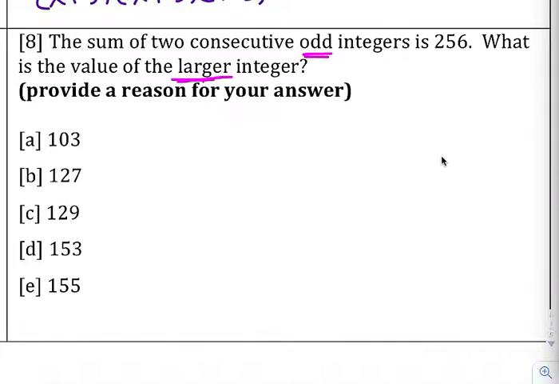Now the big thing that you have to know in this problem is how do you represent an odd integer that you don't actually know the value of? If you don't know this trick, it's a very common one, so hopefully you can put this in your repertoire of strategies. If you just pick a number like n, you don't know if that's even or odd.